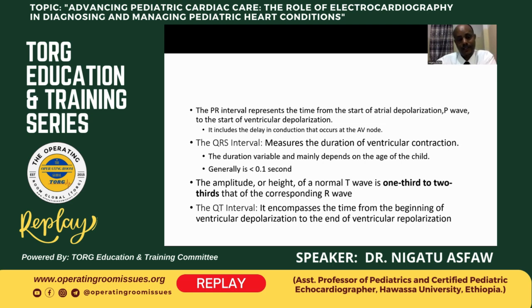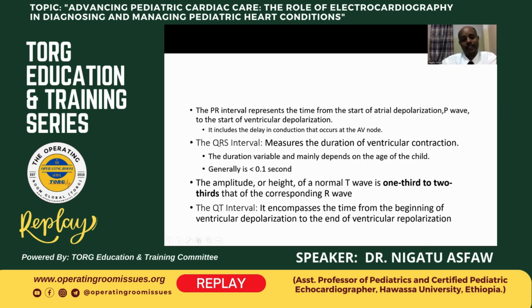The first wave is the P wave, and it shows depolarization of the atrium, and then there will be the PR interval, which shows delay in the AV node before the QRS, which is ventricular depolarization, and usually this QRS duration is less than 0.1 second.